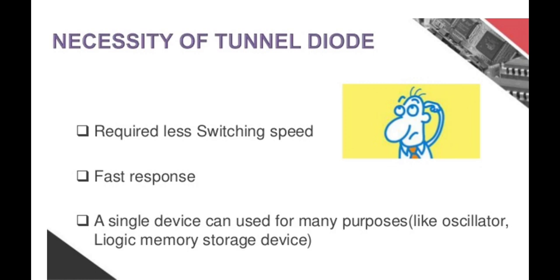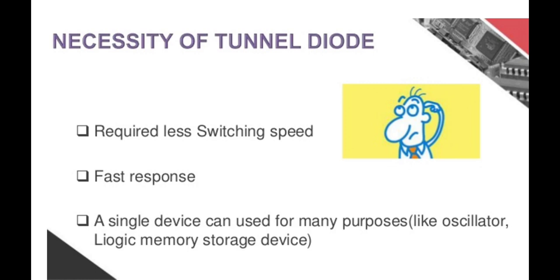The response of the tunnel diode is very fast. Another advantage over the PN junction diode is that a single device can be used for many purposes, whereas in a PN junction diode one device is used for only one purpose.